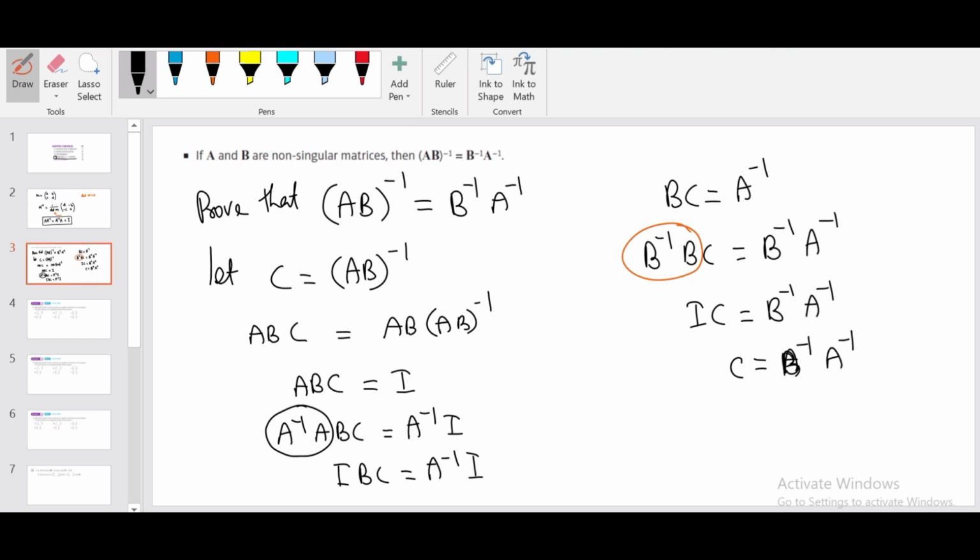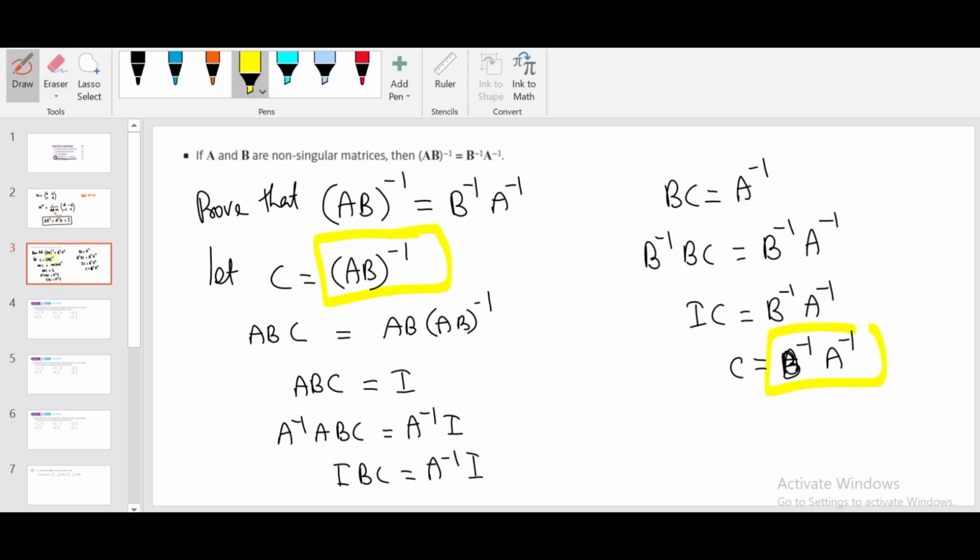What is C initially? (AB) inverse. Now we have proved that these two are the same. Therefore, (AB) whole inverse is equal to B inverse times A inverse.